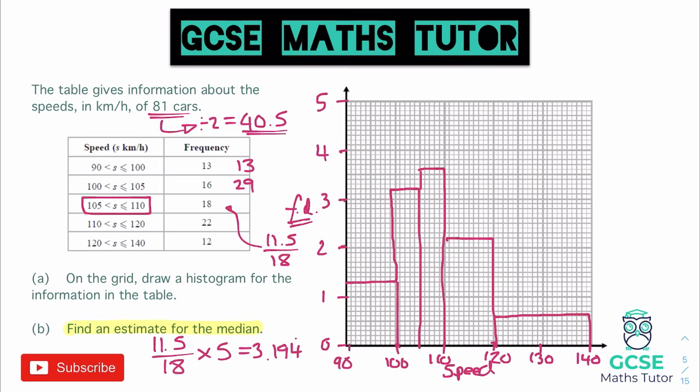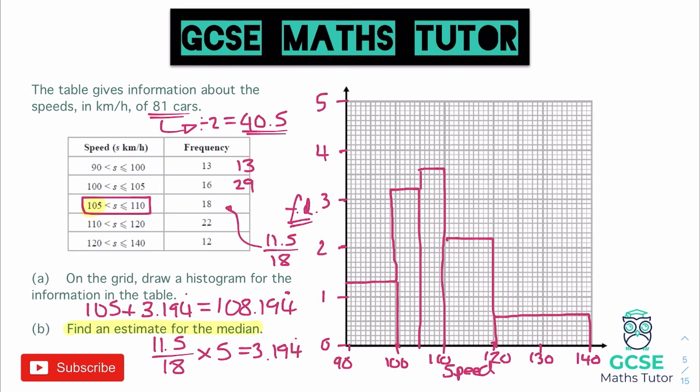Now that class starts at 105. So if we go 3.194 on top of the 105, or in other words, 105 plus this additional 3.194, that would leave us, and of course that's not too difficult to add, but we can add it on the calculator, with 108.194 recurring.